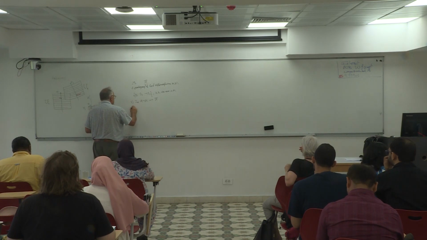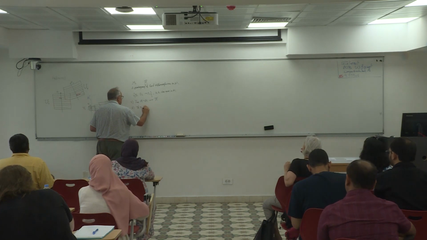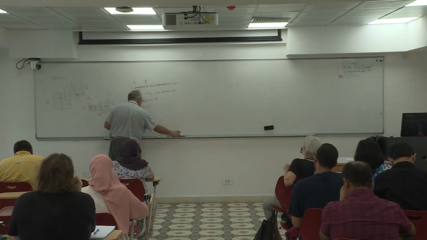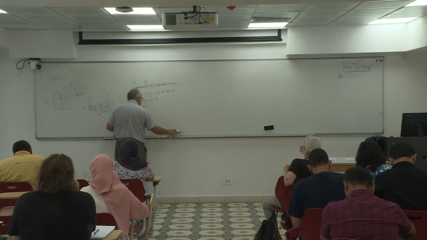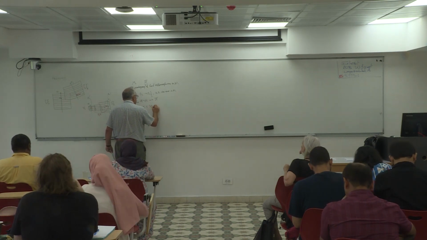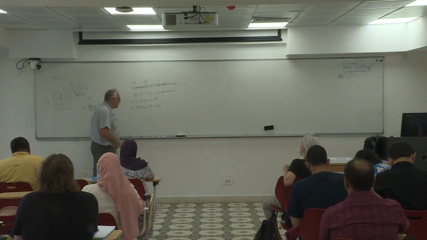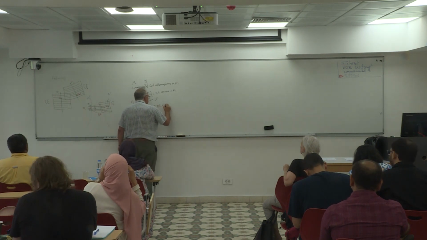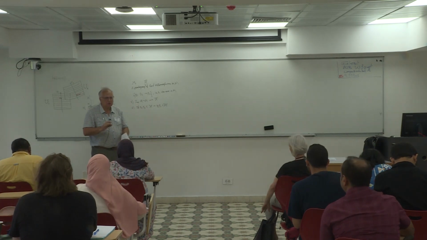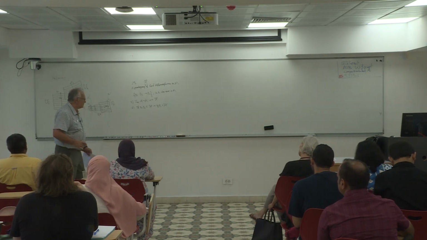Second, if Gi and Gj belong to H, then the composition belongs to H, if it is well defined, on the open sets where it is well defined.